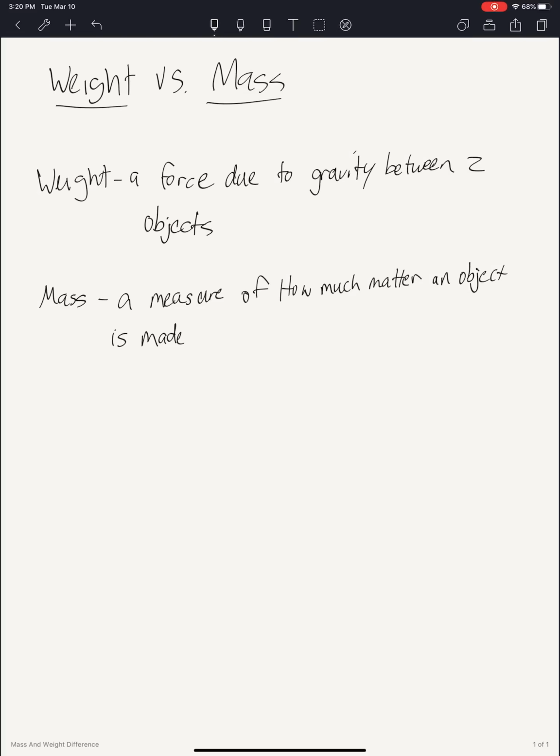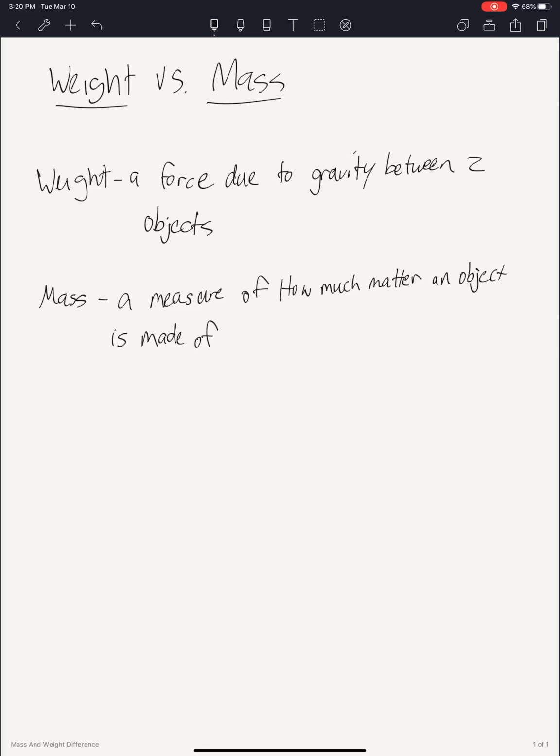Mass is essentially a count of the neutrons and protons that make up an object. I mean, electrons too, but their mass is significantly lower. So you're made up of a bunch of elementary particles, and they have mass, and you have a mass equal to their sum, the sum of all their little masses.